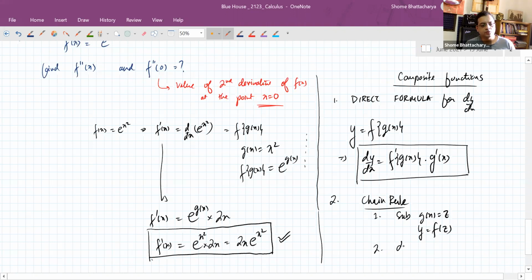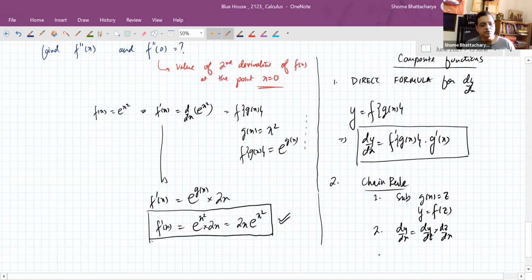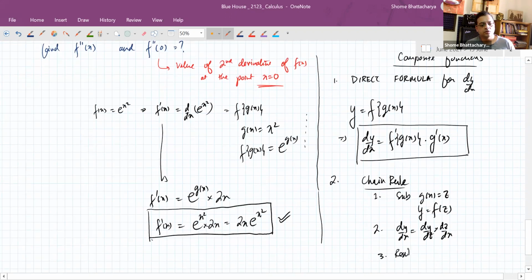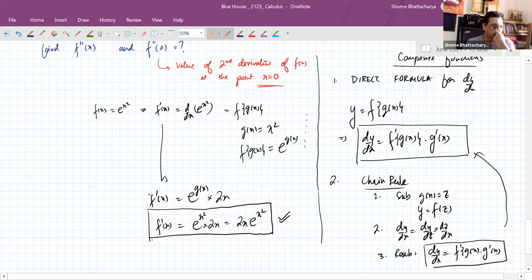Step 2, we apply the chain rule: dy by dx is equal to dy by dz into dz by dx. And step 3, we resubstitute. So on resubstitution, this becomes the same formula, f prime of g(x) into g prime x. So basically what we get from the application of the chain rule, this formula, I'm directly applying over here.